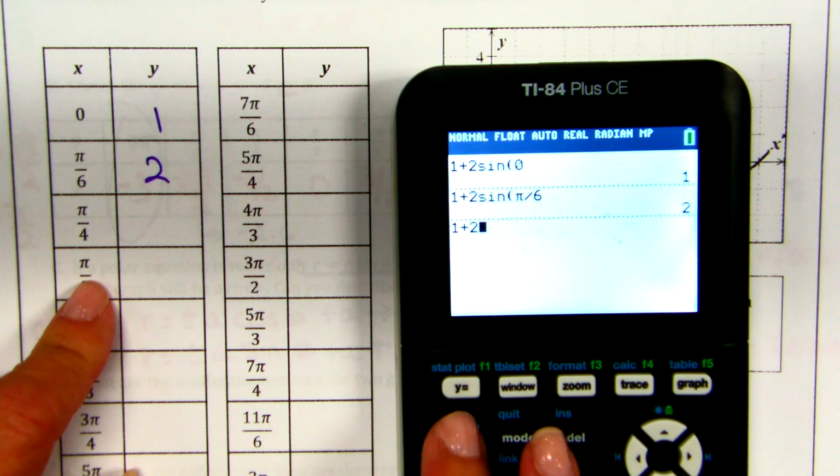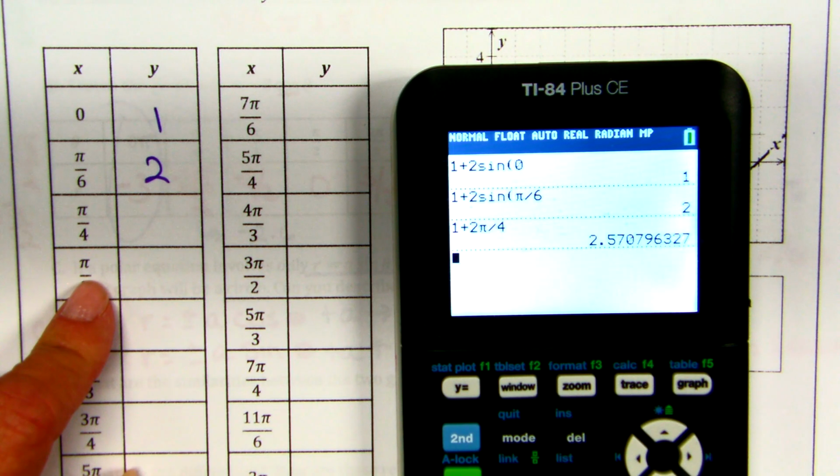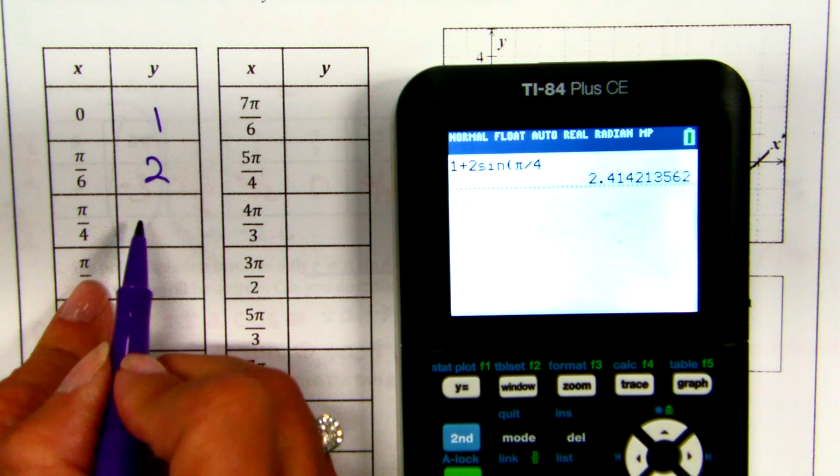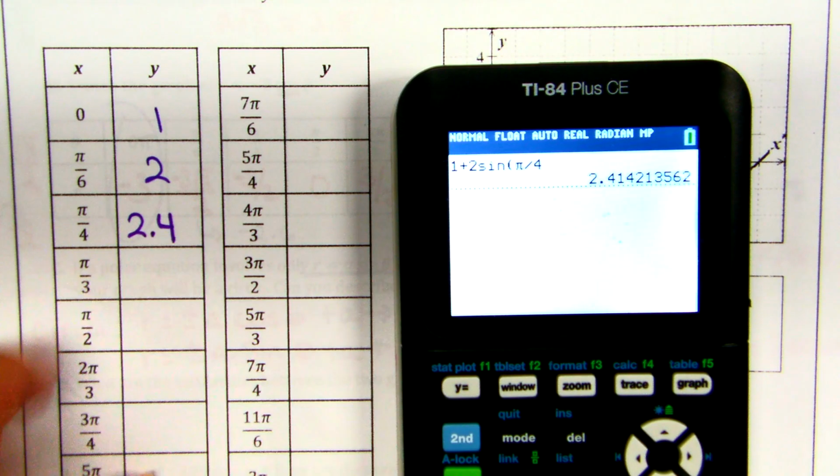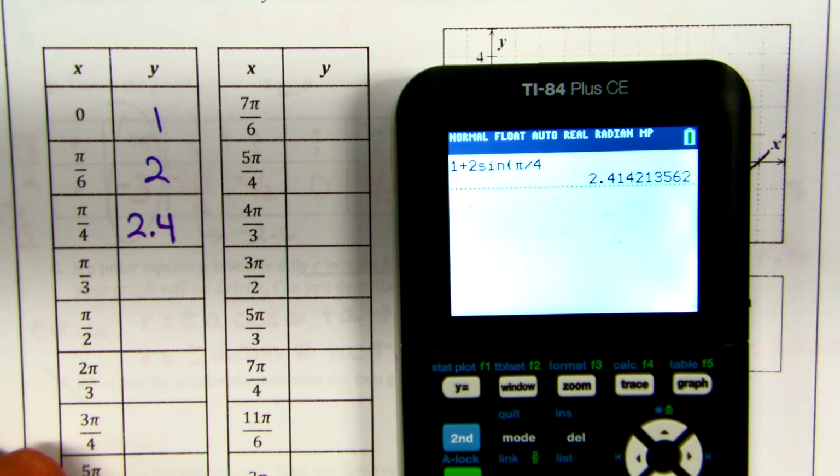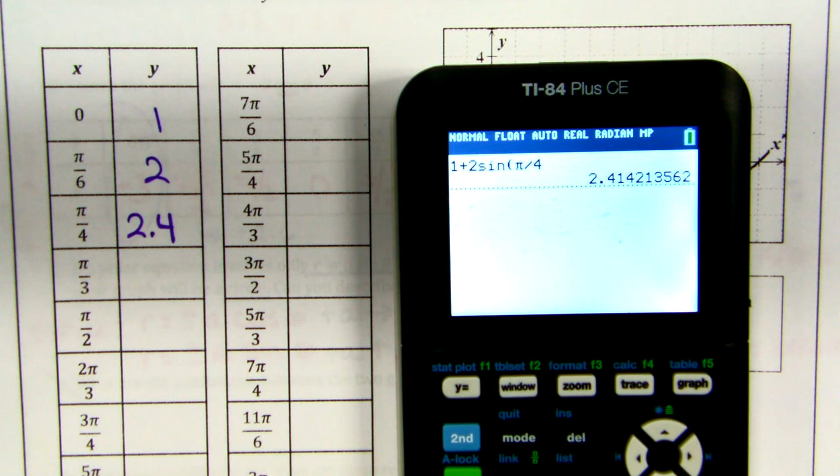That's okay. I don't care what you round to, because if you think about it, 1 plus 2 sine of pi over 4, if I graph 2.4, 2.41, 2.414, 2.4142, it's not going to look any different. So just a quick decimal, it doesn't have to be perfect.